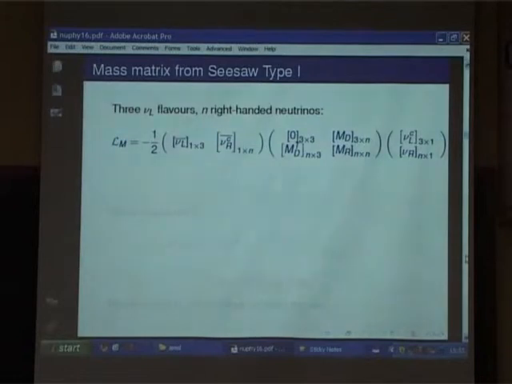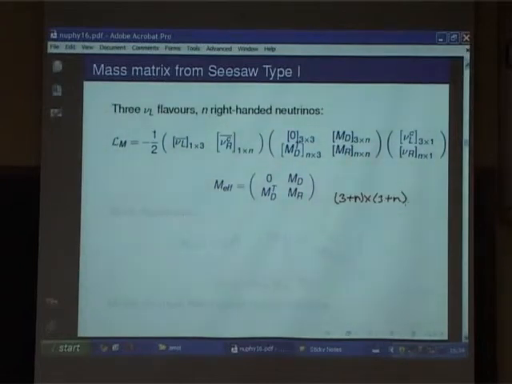So simply speaking, the effective mass matrix looks like this: 0, M_D, M_D transpose, and M_R. I made it a capital M to remind us that these are for 3 flavors. Just by looking at this, it doesn't look very different from what we had earlier, except that we have to be careful about the transpose. So this is a 3 plus n by 3 plus n matrix.